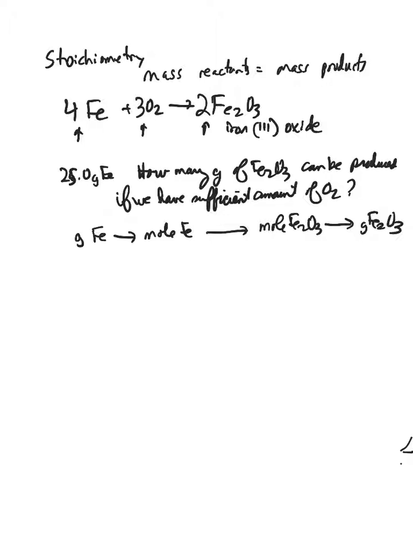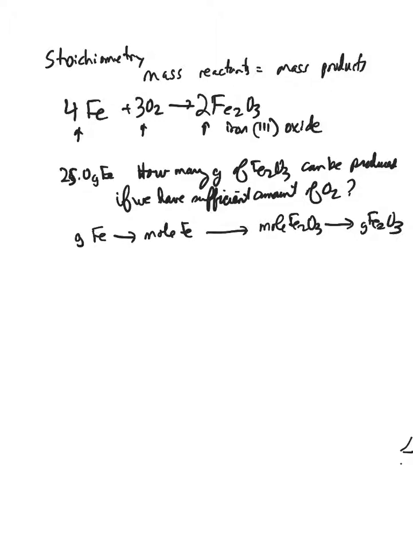We don't know a gram to gram ratio of iron to iron 3 oxide. We can do moles. We can't measure moles directly in the lab. We can only measure grams. But to do the ultimate conversion, we've got to get everything to moles. So when you see grams in these stoichiometry problems, just go ahead and think you're going to have to change to moles.